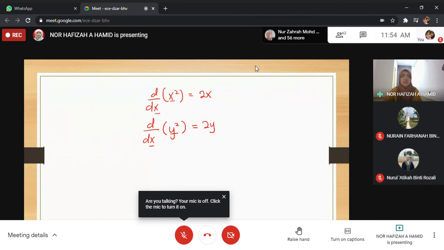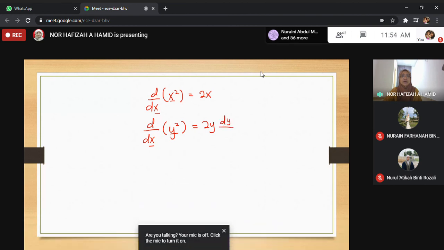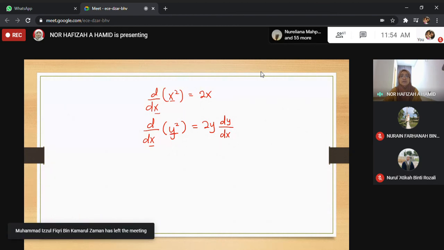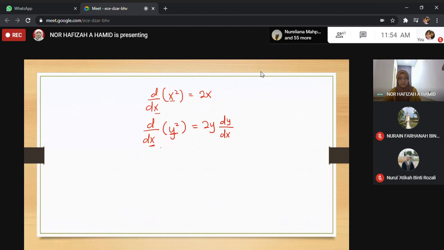So differentiate y square ni you akan dapat 2y, and then you add dy over dx. Dy over dx ni you add sebab you punya variable dia involve y, lepas tu dia punya respect to x.